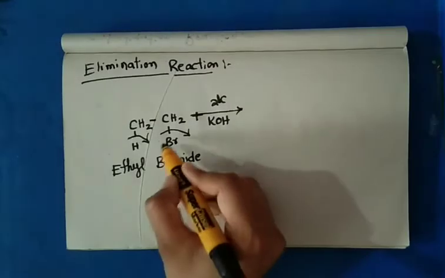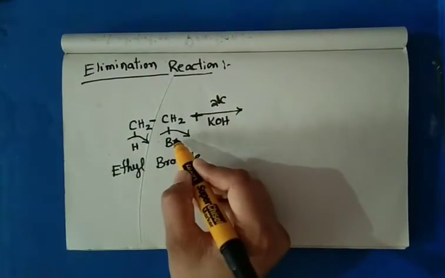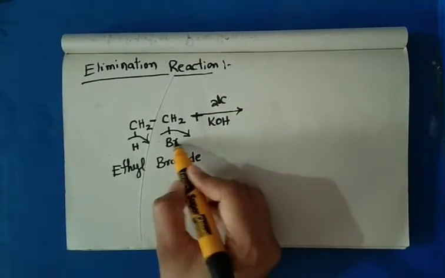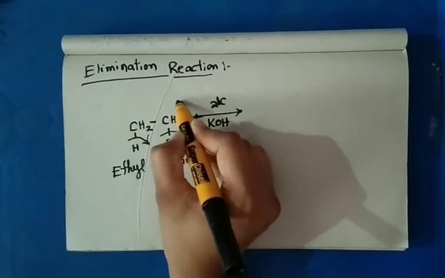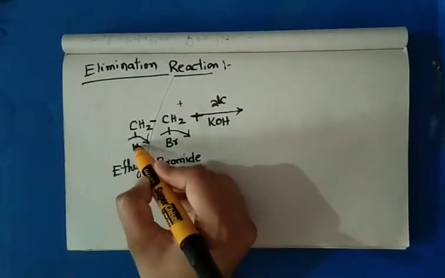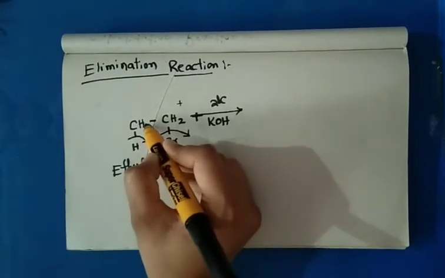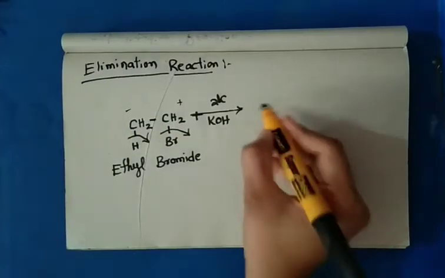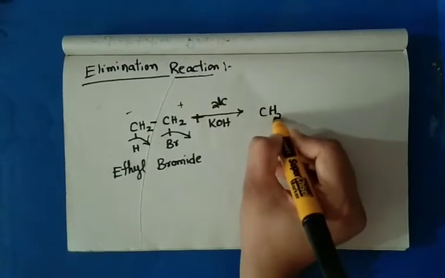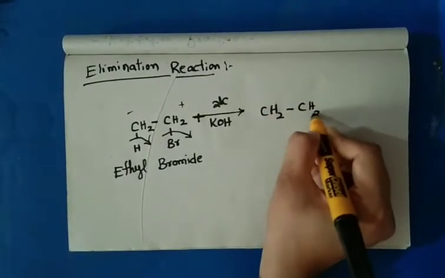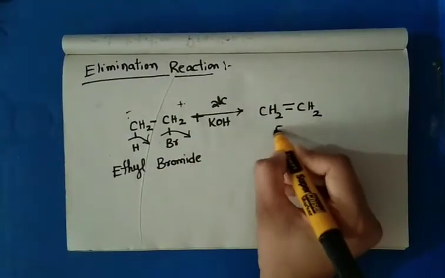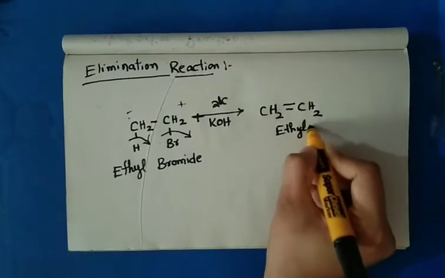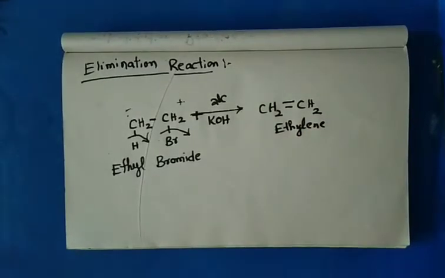Br shows a negative charge, so it is removed as bromide ion, Br minus. CH2 gets plus. H is removed as H plus, so CH2 gets minus. They make a bond, CH2 double bond CH2, and ethylene is formed.